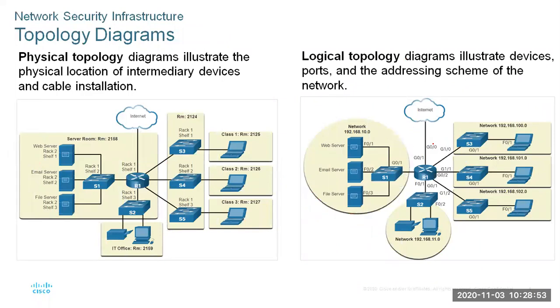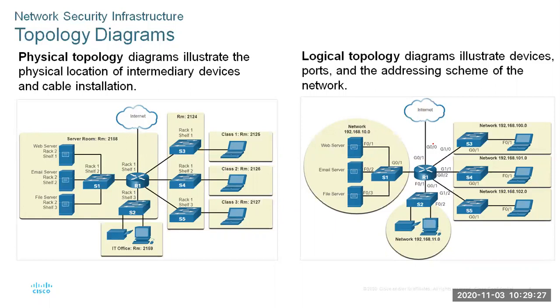Now, a topology actually describes the nature of the network, the way the network is designed, and how the traffic is moving. The physical topology explains how those devices are connected: how the end devices are connected to the intermediary devices, and how the network media connect the intermediary and end devices.